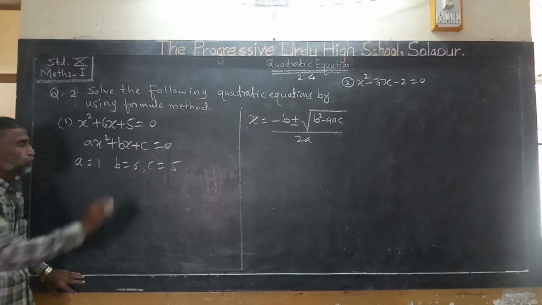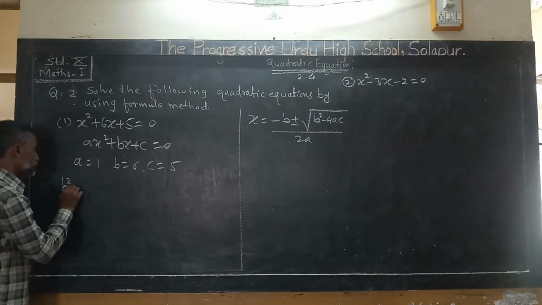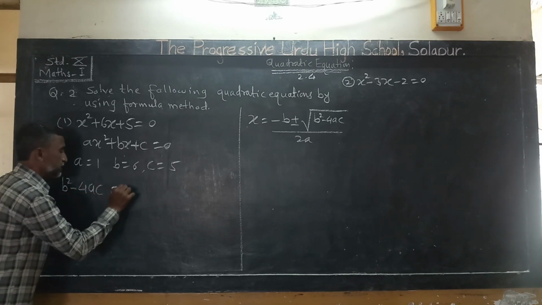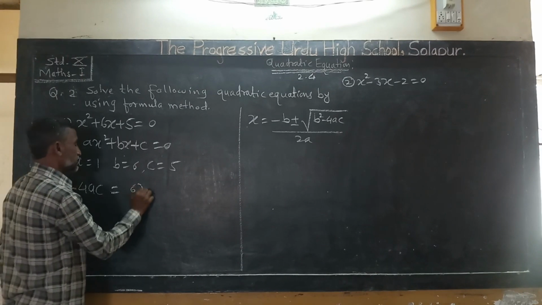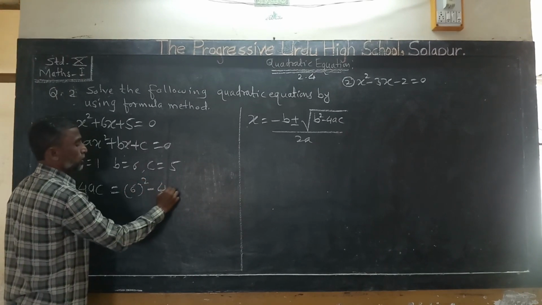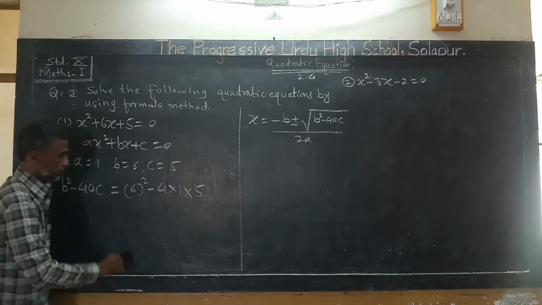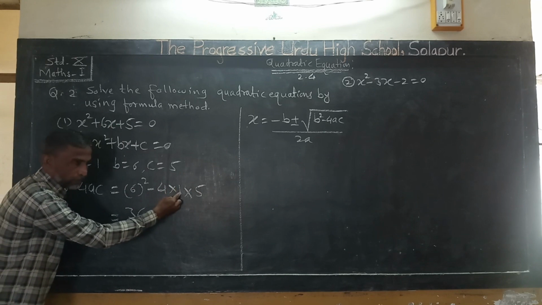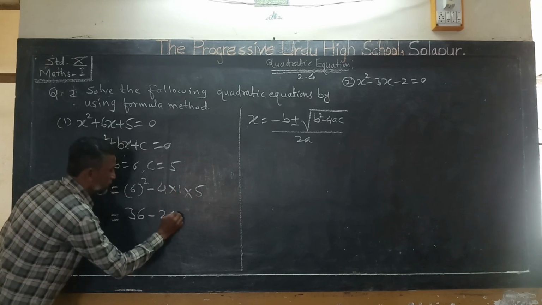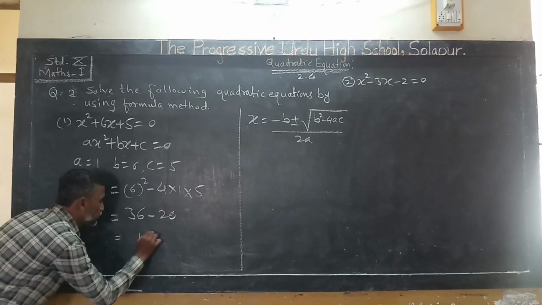After writing the values of a, b, c, find the value of b square minus 4ac. Now, value of b is 6, square, minus 4 into a is 1, into c is 5. Square of 6 is 36, minus 4 ones are 4, 4 5s are 20. 36 minus 20 is equal to 16.